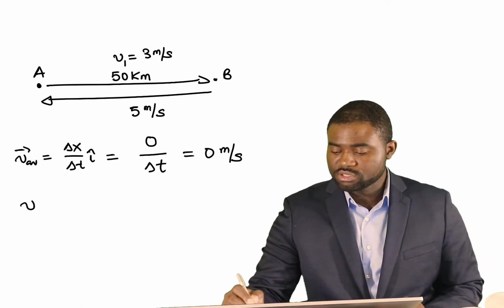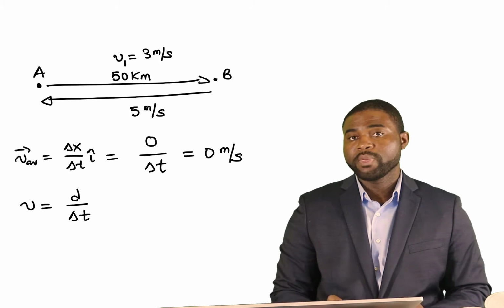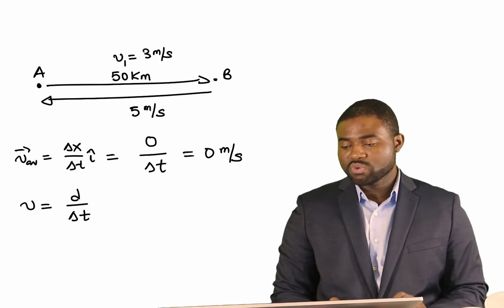By definition, average speed is the total distance divided by the total time taken. So the question is, what would be the total distance and what will be the total time?